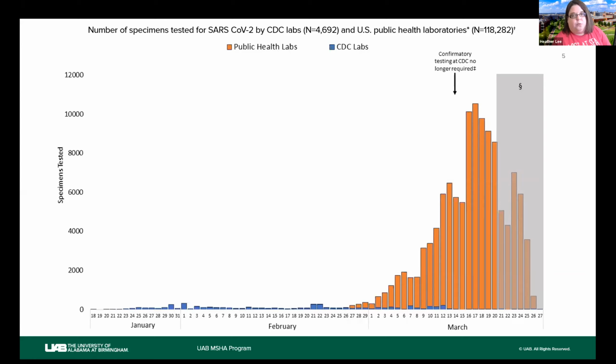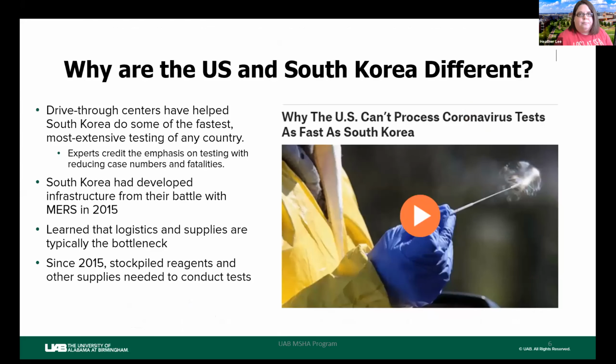As you can see, not many tests were being conducted. Part of the reason there is they cited quality control. Then in early March, they started allowing other public health labs to process tests. And that's where we see this pickup in testing in the United States.